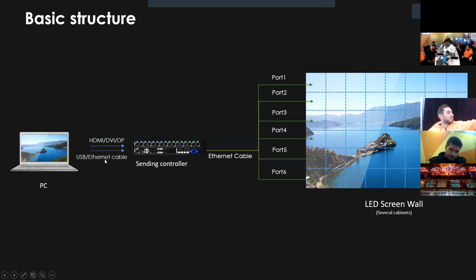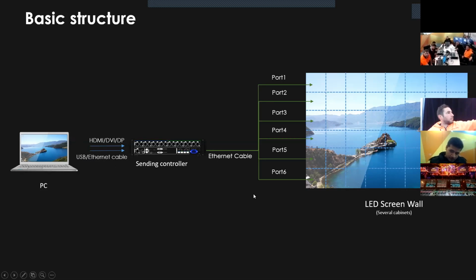Let's say the structure: the PC, video cables, the control cables, and also the sending controller. The sending controller is the head of the system. We cannot do anything without the sending part.